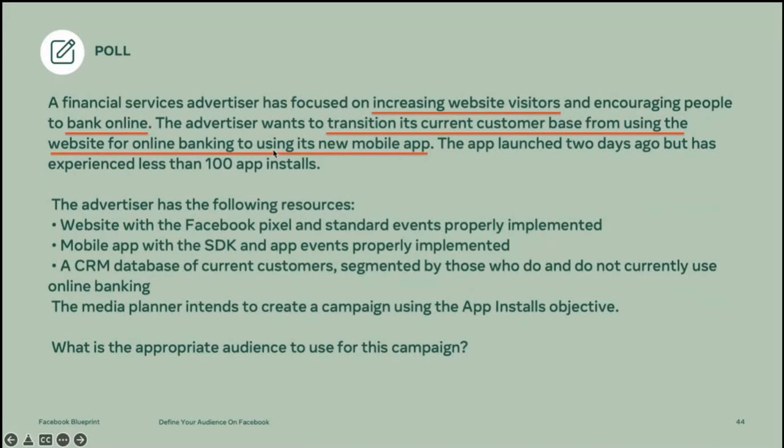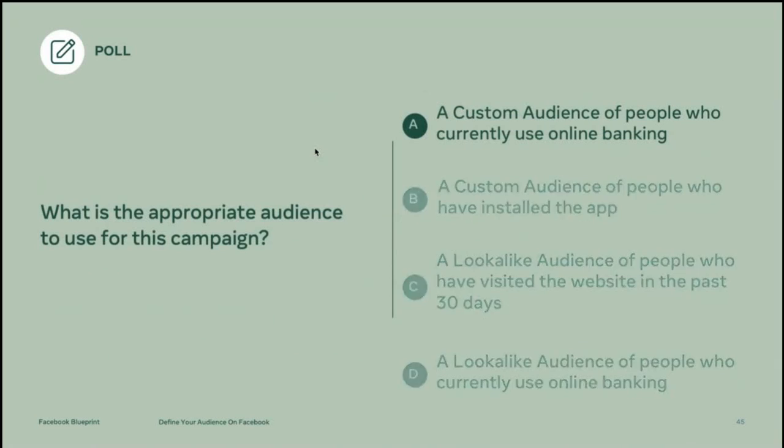But the installs are not good, which means the current customers have not transitioned completely. So first we need to transition them, and that's why we'll create a custom audience of people who are currently using my website for online banking. I'll create a list of those people. Then when my list is exhausted, I will create a lookalike audience in my next phase out of people who have successfully transitioned to the mobile app. So option A is the right answer.